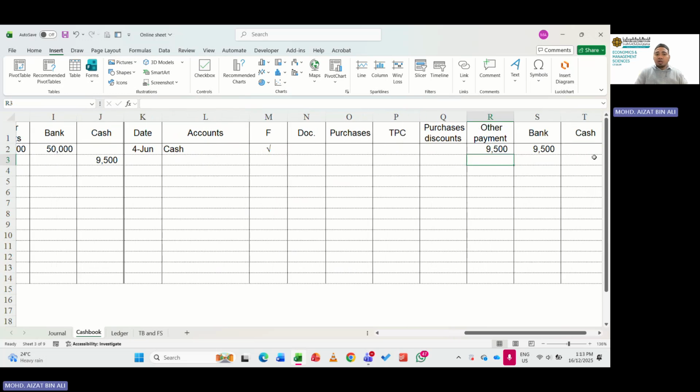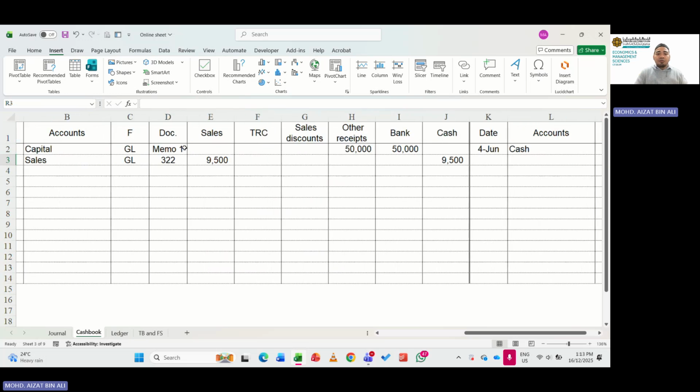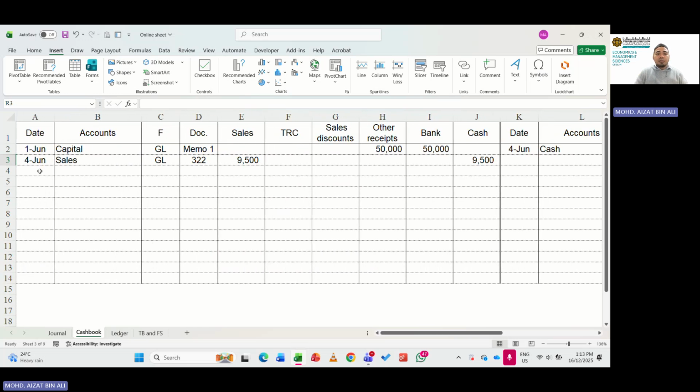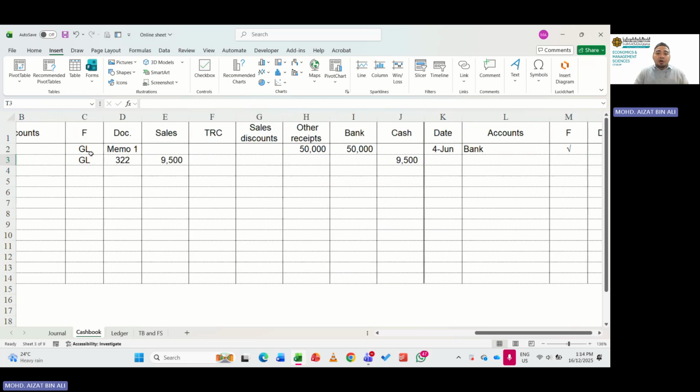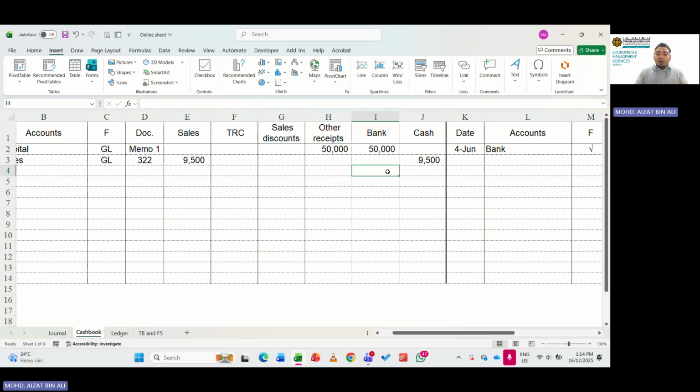Next, because this is contra, this is cash, we have to record the double entry here. Sorry, it's actually here, this is bank. This is cash. Sorry, this is the correct one. Because this is credit side, right? Our cash decreases, so we credit cash, so the account is bank. And for the debit side, our bank increases 9,500 ringgit.